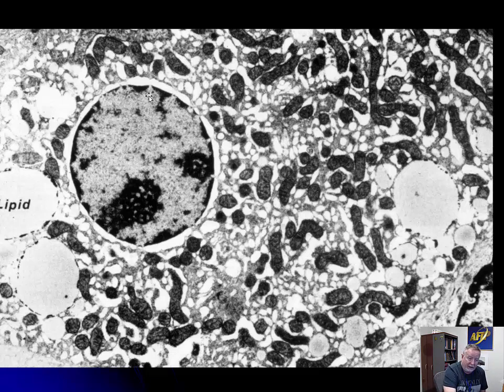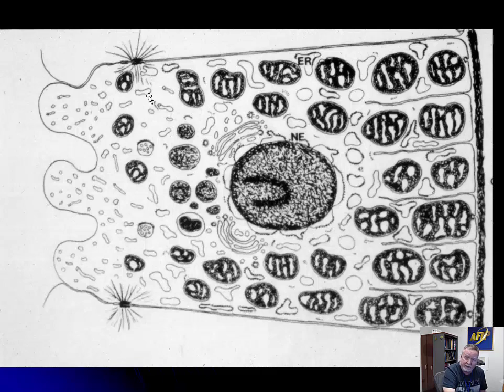Okay, so we're going to be a little meaner to this cell. Sorry, cell, but it's important stuff. And now you can really start to see that there are a number of changes going on here. First thing that you'll notice is the smooth endoplasmic reticulum is still dilated.